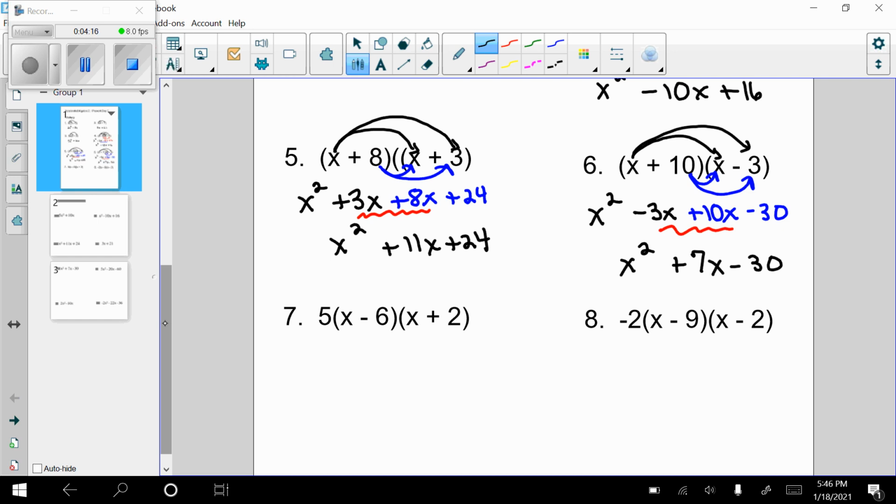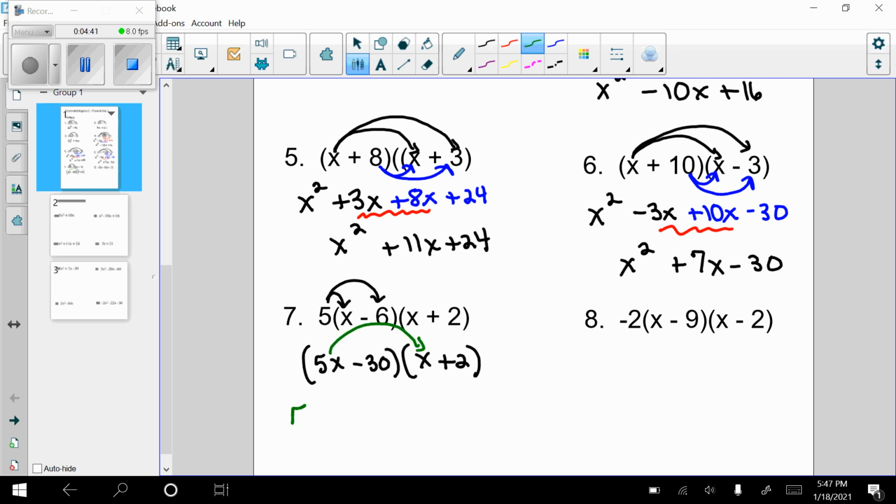All right, so this one has a 5 sitting out in front. So there's a couple ways you can do it. You can go ahead and FOIL your x minus 6 times x plus 2. Or you can go ahead and distribute this 5 on the inside of the first set of parentheses. So let's go ahead and do that. So I have 5x minus 30 times x plus 2. And then I'm going to perform my foiling. So 5x times x is 5x squared.